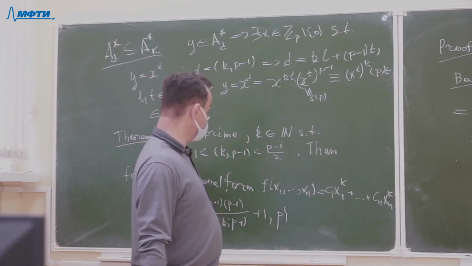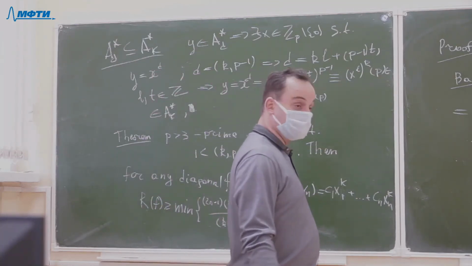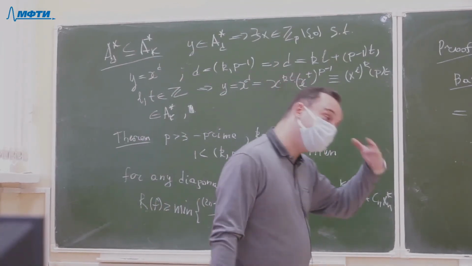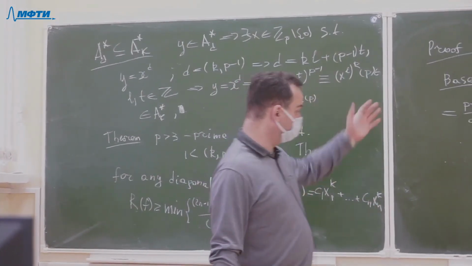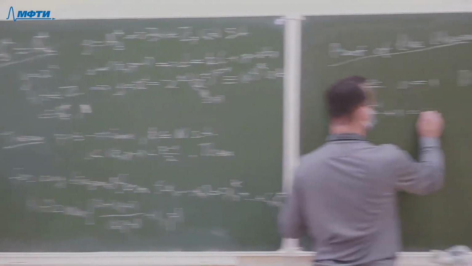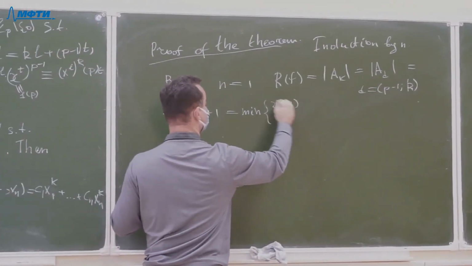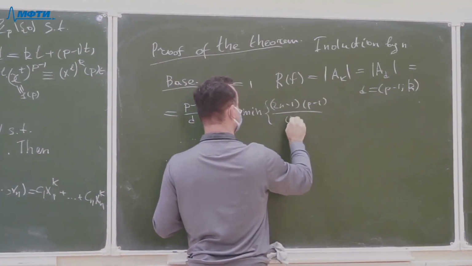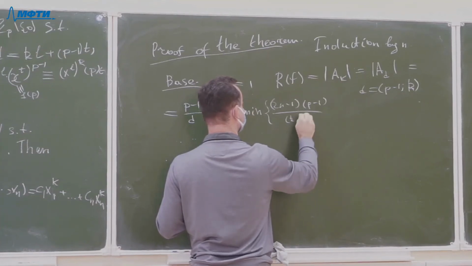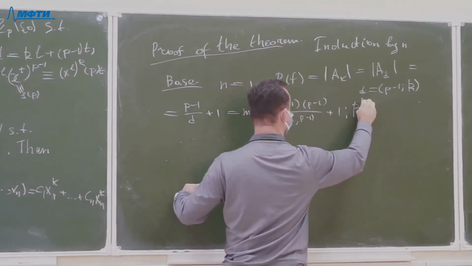Moreover, according to these conditions, this is not greater than p. It's even smaller than p minus 1, actually, right? So this is equal to the minimum between (2n minus 1) times (p minus 1) over GCD plus 1, and p. Right.